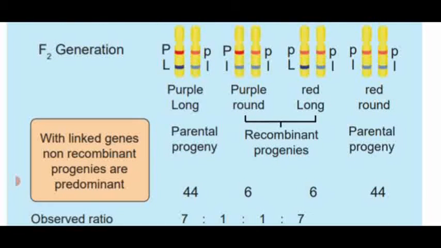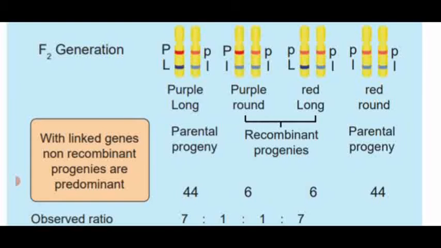That is 44 parental progeny, 6 plus 6, 12 recombinant progeny, and 44 of the other recessive parental progeny observed. 44 plus 44, 88, plus 12, 100. If you take approximately 100 gametes, we get 44 dominant, another 44 recessive parent, and only 12% recombinant.